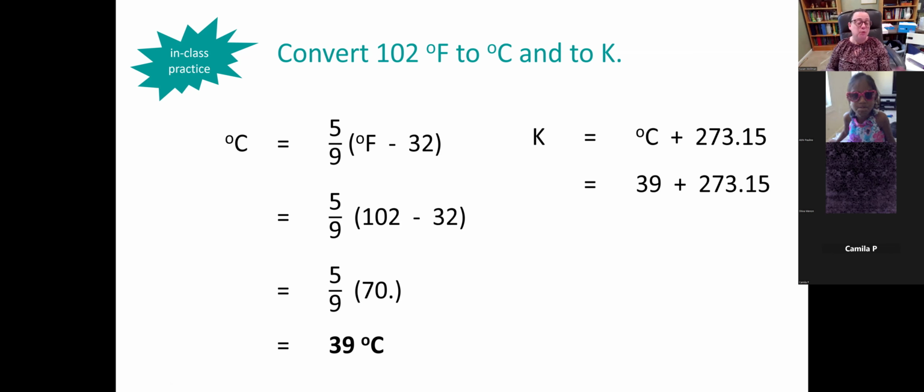Okay, so I wrote 39. I didn't write 38.888 because that would be too much. But my calculator is holding all those digits. So that is the value that I'm using to get this next result. But I wrote 39 to remind myself where the last significant figure should be.